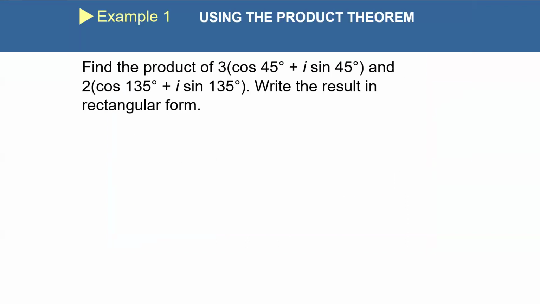So it says, find the product of 3 cosine 45 degrees plus I sine of 45 degrees and 2 cosine of 135 degrees plus I sine of 135 degrees. So first, let's just identify. We know that our R1 equals 3 and our R2 equals 2. Agree?